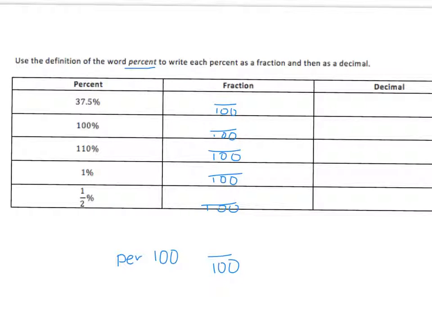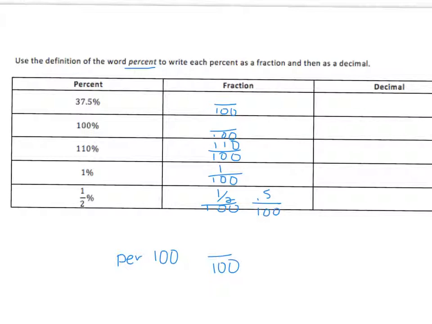And so it's going to look funny because we generally do not leave it in this form, but for today's purposes, it's 1/2 out of 100, not 1/2 of 100, 1/2 out of 100, or 0.5 out of 100. 1%, 1 out of 100. 110% is 110 out of 100, or 110 hundredths.